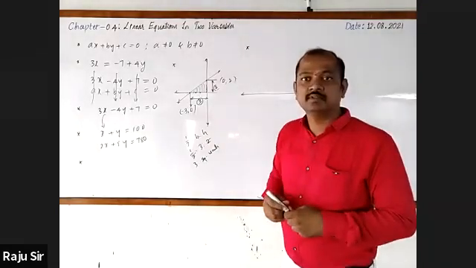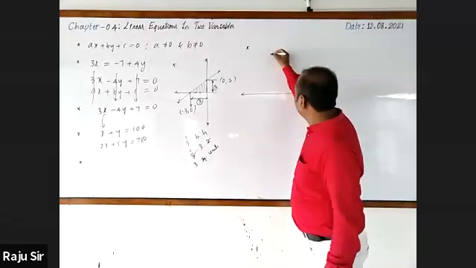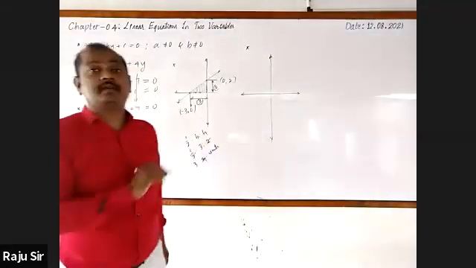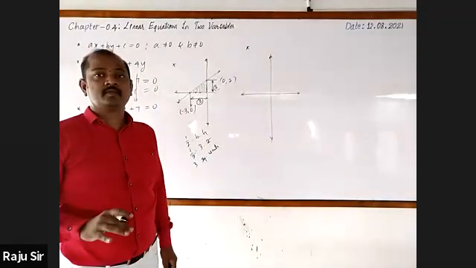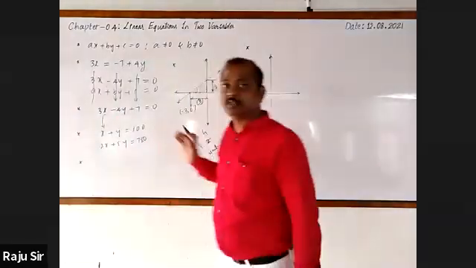Yes, sir. Then you only tell. What do you call this vertical line with respect to the Cartesian plane? Y-axis. I expect the answer only from Samarth. Y-axis. It is the y-axis.